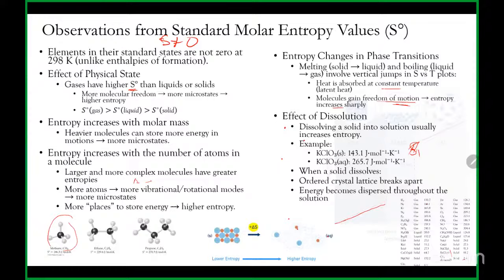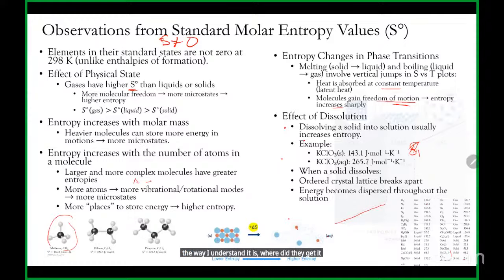How did they get this entropy standard of formation? If I understand the question, you're saying, where did those values come from? If I understand the question, the way I understand it is, where did they get it?